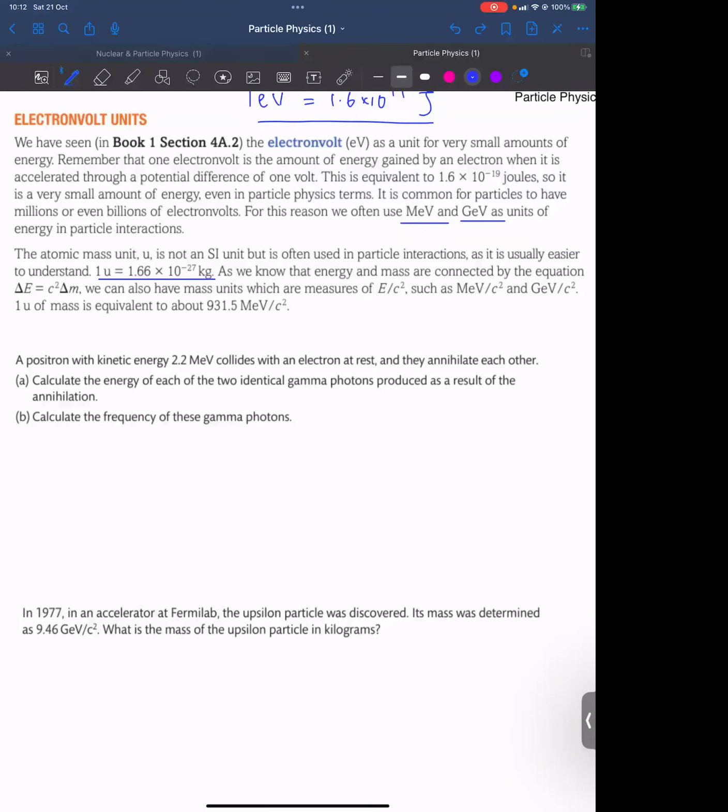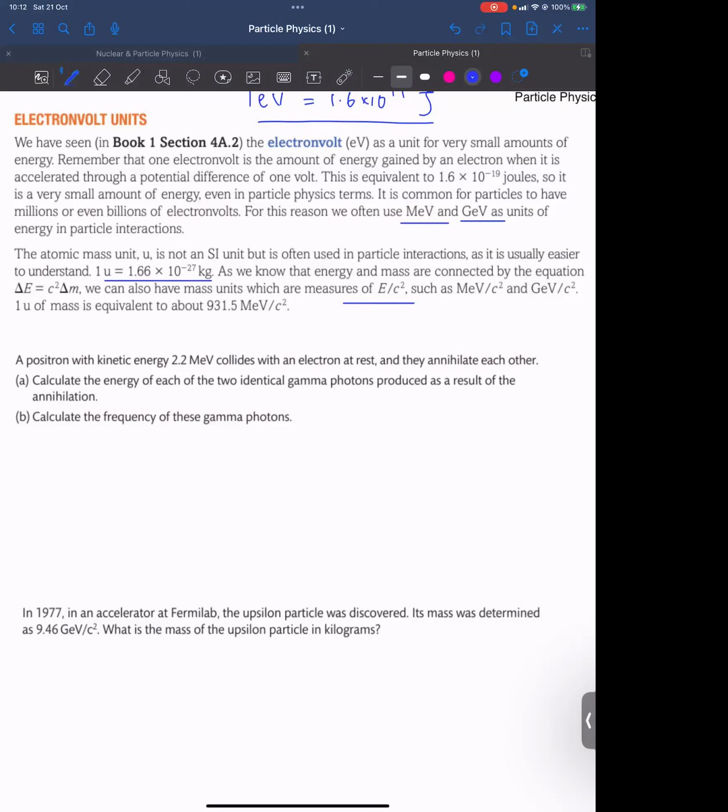1 u is equal to 1.66 × 10^-27 kilograms. The atomic mass unit. As we know that energy and mass are connected by the equation E = mc², we can also have mass units which are measures of E over c². Listen to this part carefully.